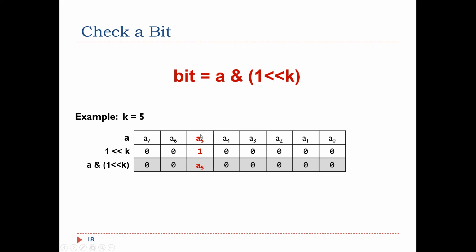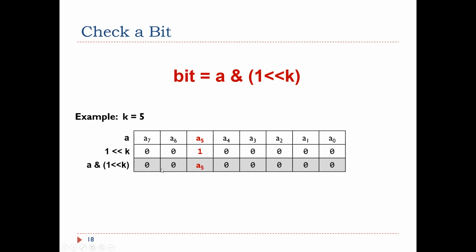Now, if A5 is 1, 1 bitwise AND 1 will be 1. So we get 1 here. So you can see that whether it's 0 or 1, by doing this computation, we get exactly the value that we needed, that means A5.